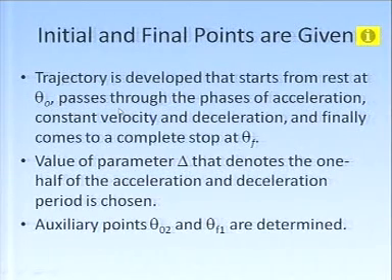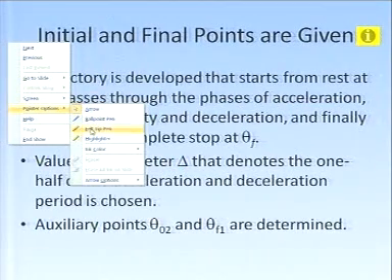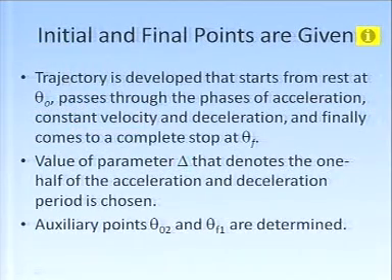Okay, please listen carefully here. I want to now get the coefficients. So, first thing I do is, a trajectory is developed that starts from rest at theta 0. When I say rest, I mean velocity is also 0.